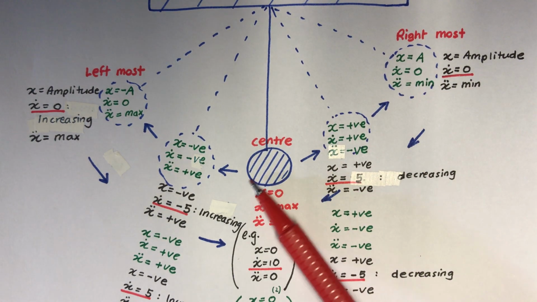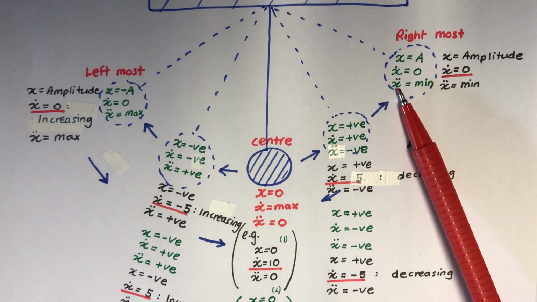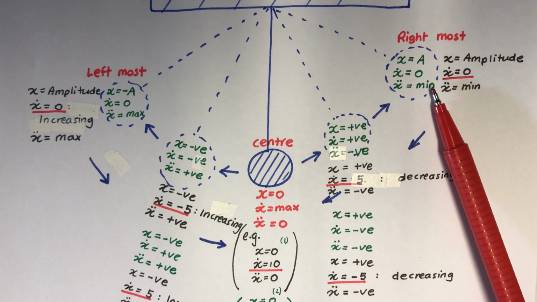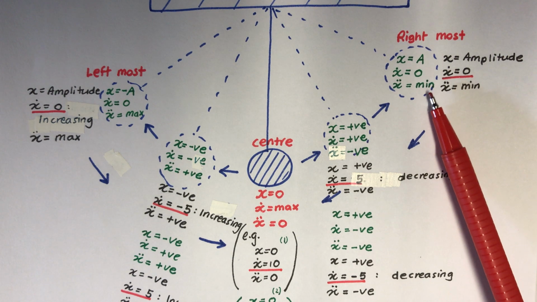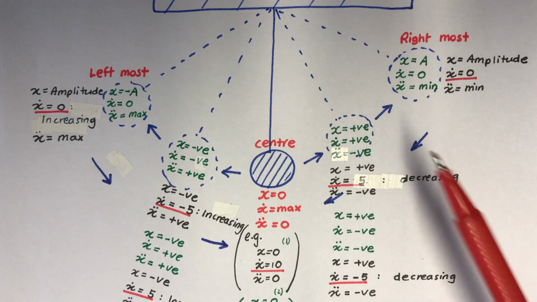Because it was decreasing velocity, your acceleration is minimum at this point. Velocity and acceleration go together. When velocity is increasing, acceleration is positive, and when velocity is decreasing, acceleration is negative.